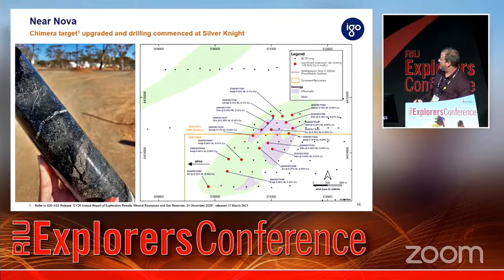This blue line here was the first hole into this particular intrusion. Here's a sample of the rock here. We've hit websterite. It's got blebby sulfides and disseminated sulfides throughout. Really exciting results. Subsequently, we've drilled a couple more holes, with which the last hole intersected an off-hole downhole EM plate, which is still yet to be tested. So watch this space, and hopefully we'll have some success.